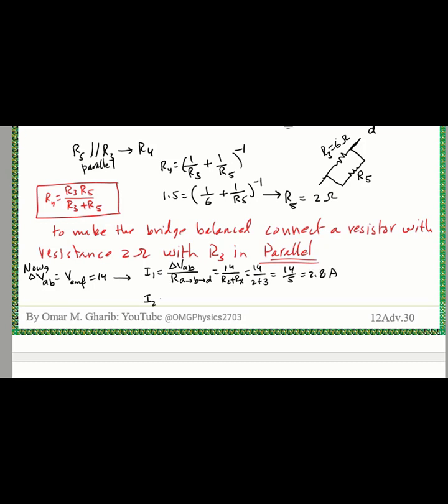For I2, it is delta V AB over the resistance from A to D but through C, the other branch.